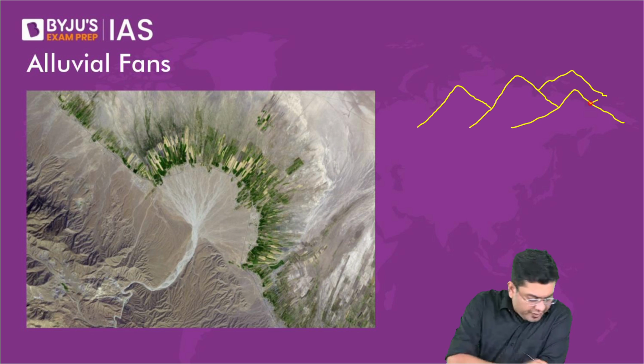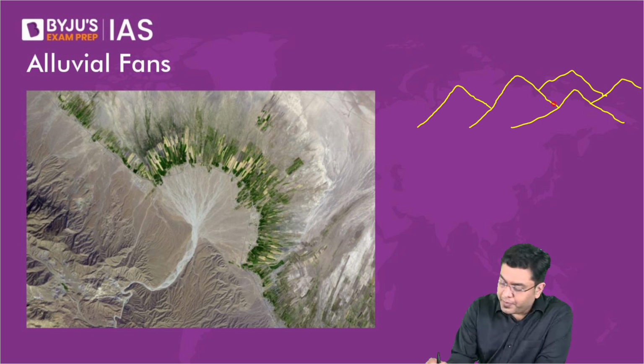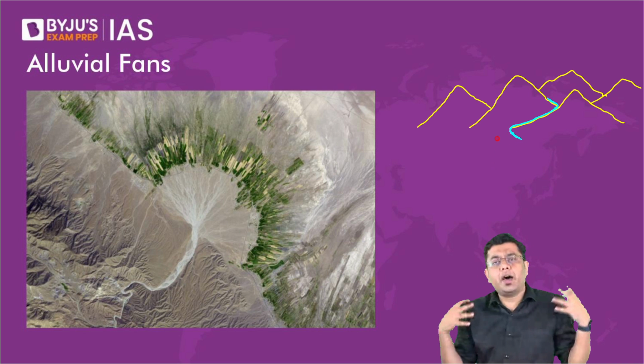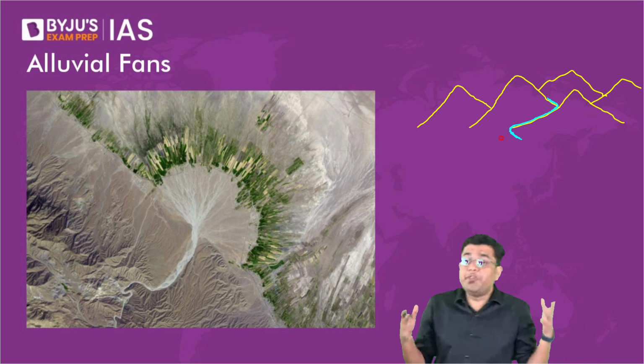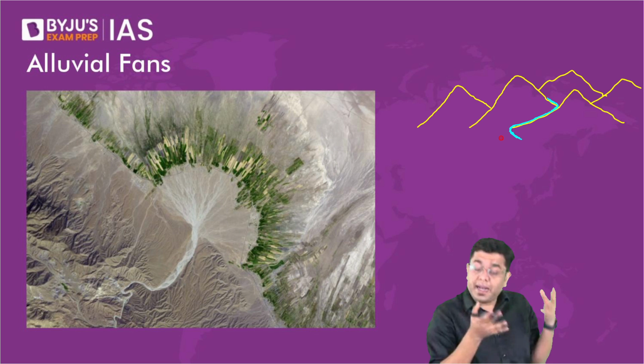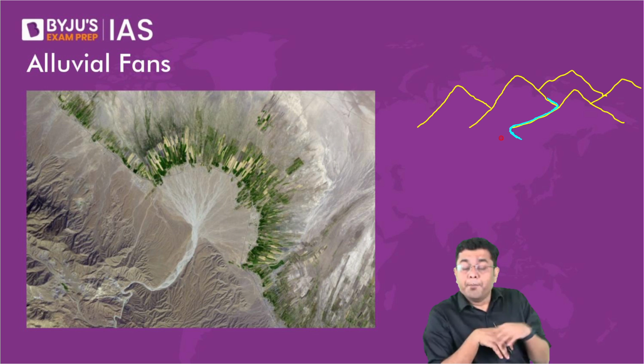Now, if a river is coming down the slope, it is going to come down with a significant amount of velocity, significant speed, isn't it? As long as it is coming down the slope, it will carry large particles, large rocks, even large portions of rocks, because it has significant speed and a large amount of force.